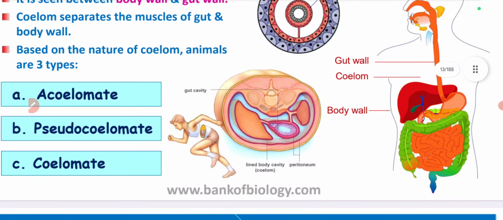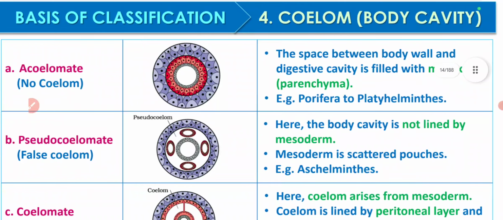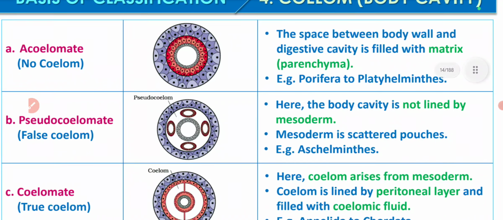Based on the nature of coelom, animals are of three types: acoelomate, pseudocoelomate and coelomate. Acoelomate means no coelom.